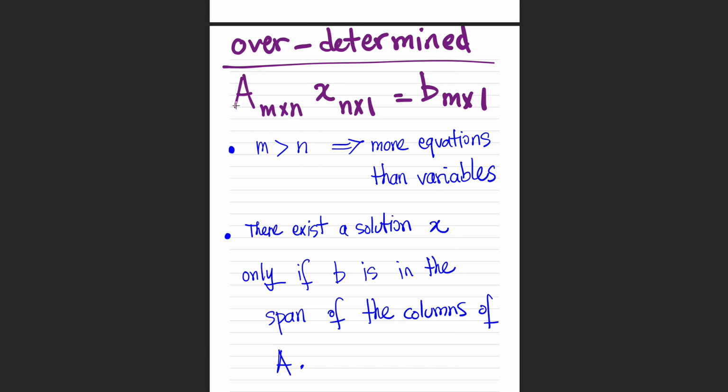In other words, A is a tall matrix, and the only way that a solution would exist is if b is in the span of the columns of A. There should be a way to create a linear combination of the columns of A so that we can get b. And for that to happen, b must be in the span of the columns of A.